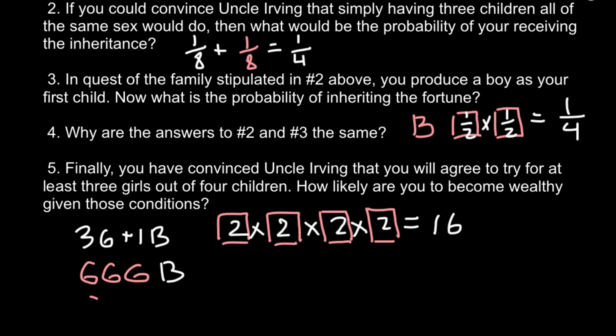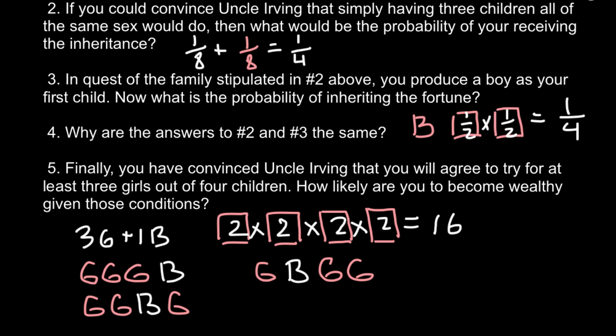The second variant would be that the first 2 children would be girls, then a boy, and then once again a girl. As you see, we have 3 girls here and 1 boy. Another variant would be that the first child is a girl, then a boy, and then 2 girls. And the last variant would be when the first child would be a boy and then 3 girls in a row.